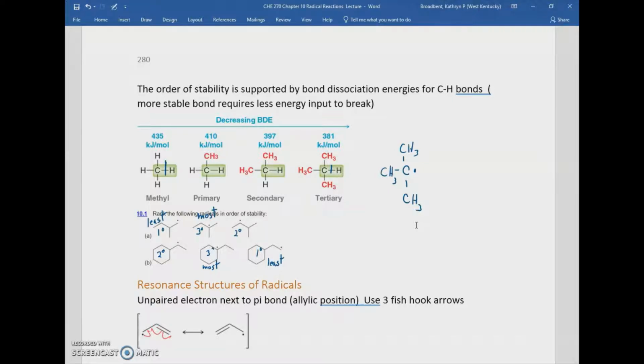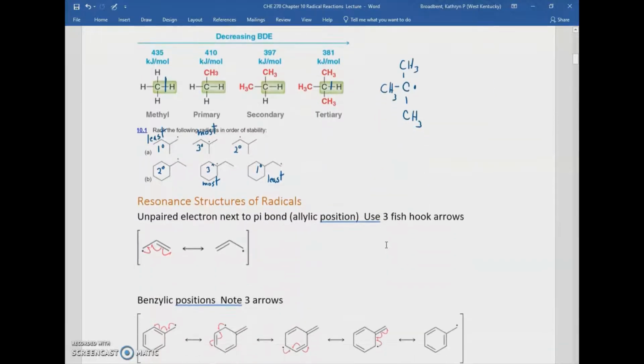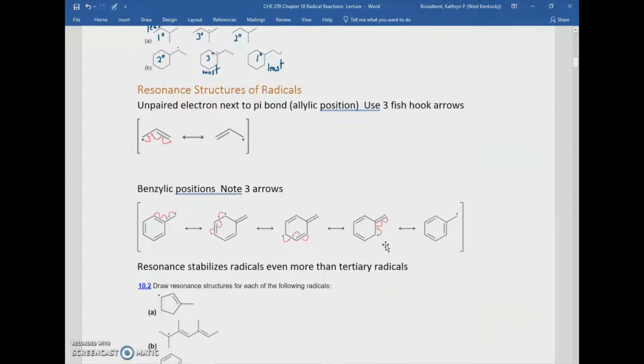Resonance structures are also important to the stability of radicals. And what we're going to see is an unpaired electron, and it's going to be allylic to the pi bond. That means it's one away. And when it is one away, we're able to get these resonance structures. And that's very stabilizing.